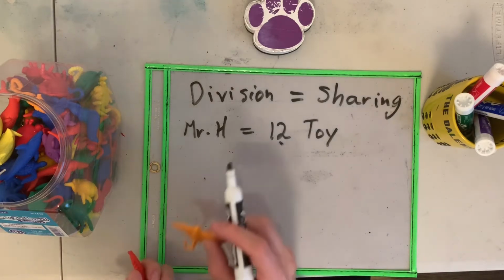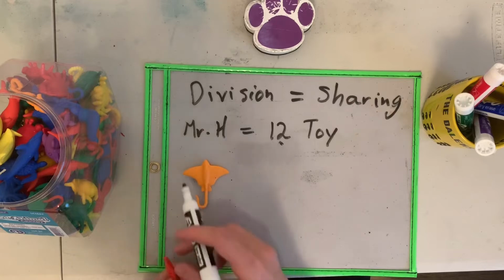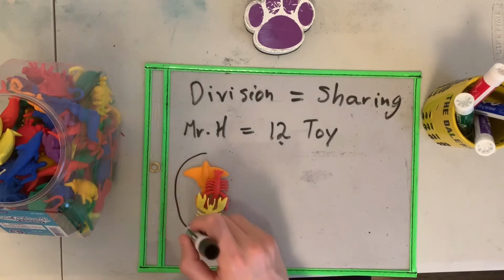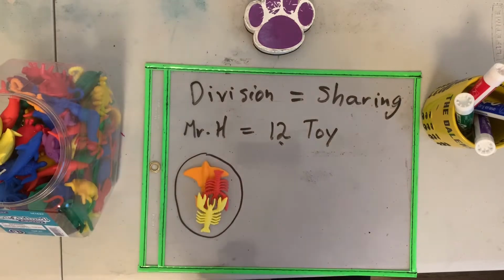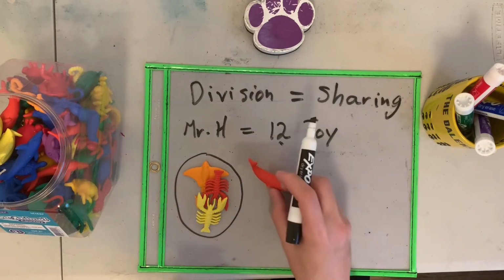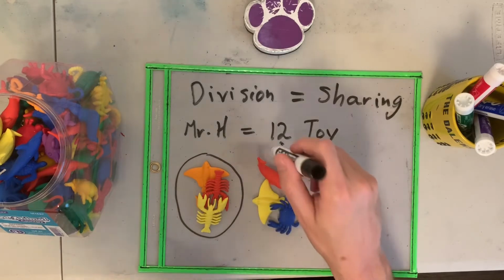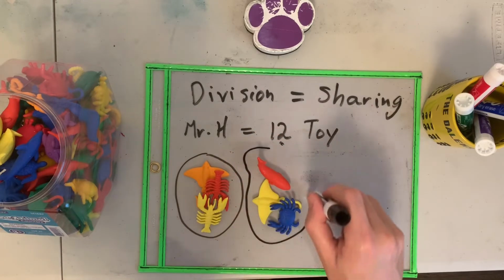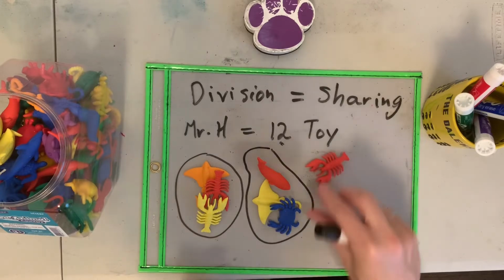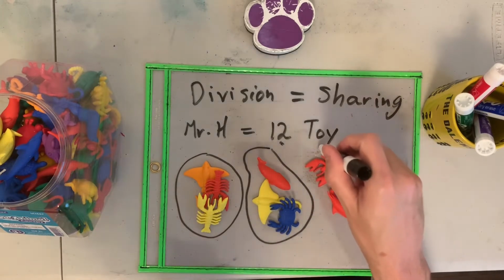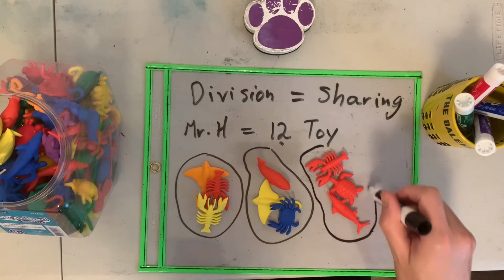So let's do the first group. I have 1, 2, 3 toys. This is group number 1. Let's see another group. 1, 2, 3. Here we have another group.